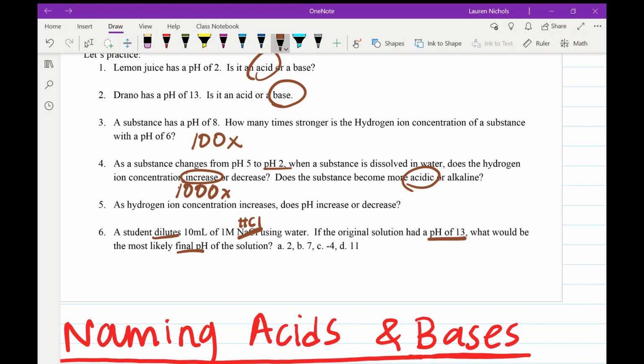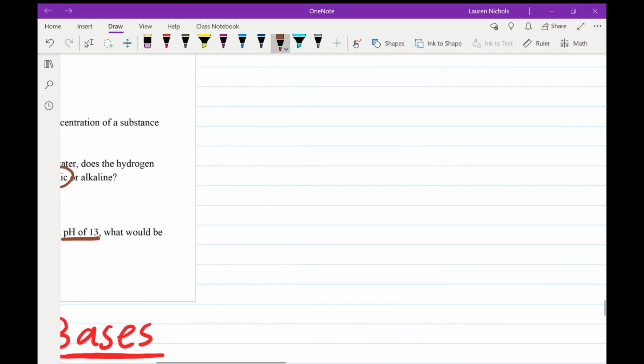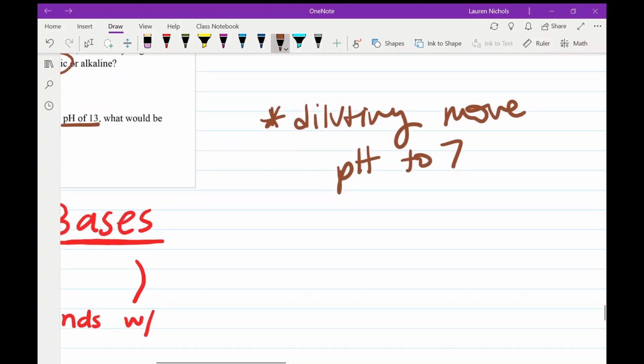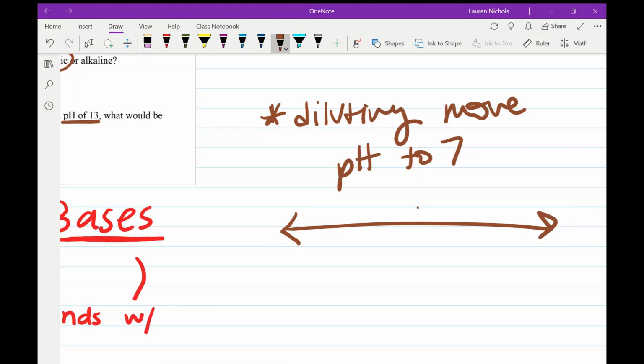Now, when you dilute something, and this is going to be a really important side note, diluting moves pH to 7. So if you have, for example, on your pH scale from 1 to 14 and 7 is in the middle, if you have an acid that's down here and you dilute it, it's going to move towards 7.